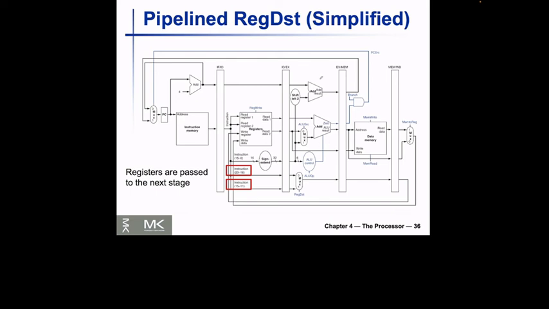At the same time, this adder is computing the target address. Okay, so the target address is stored in this register. And if somehow RS indeed equals RT, this will be the next PC. Okay, does that make sense?